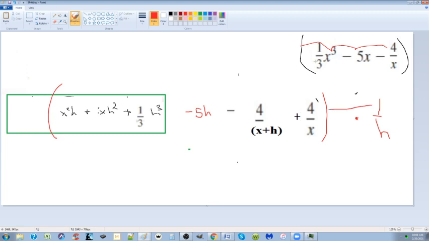So when you're multiplying fractions, you just multiply all the numerators. Easy enough, right? That's just going to be the same thing at the top. And at the bottom, you have to multiply all the denominators. Well, I could do that, or I could see if there's an h in each of them. And there's not.